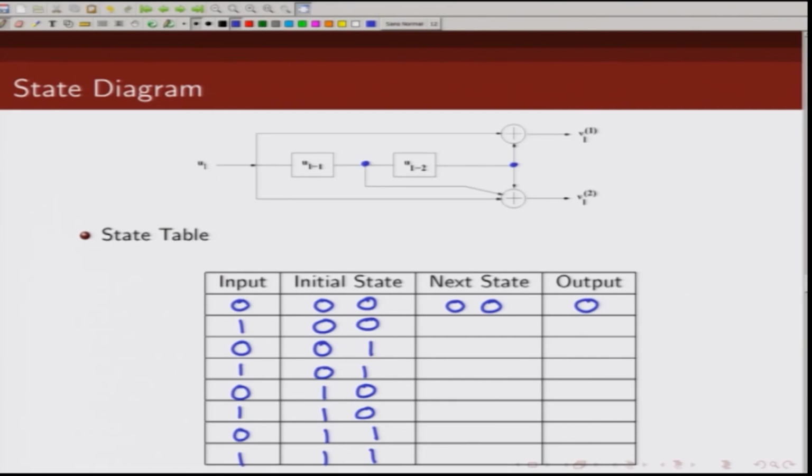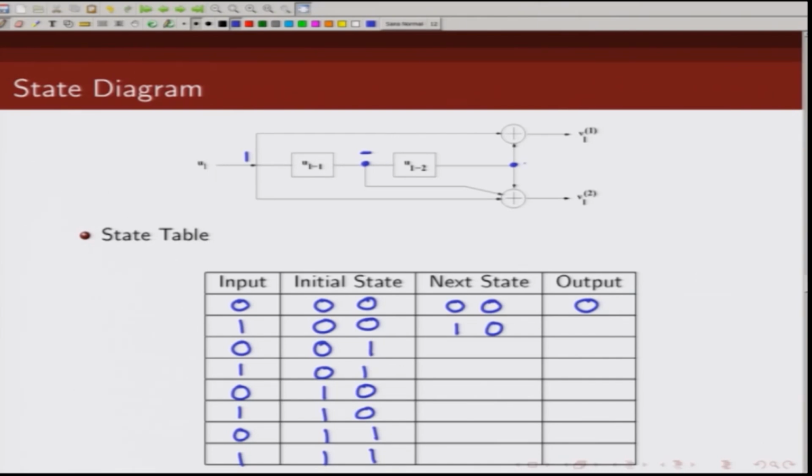Now, let us look at this. If the input is 1 and initial state is 0, 0, then this 1, the one which is here, will now move to this location, right. So, the next state would be 1, 0, because 1 from this input will move here and 0 from here will move.